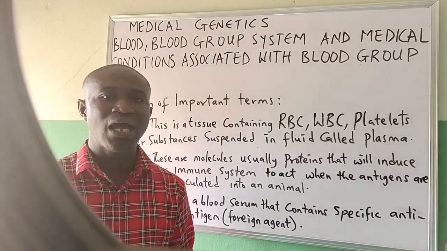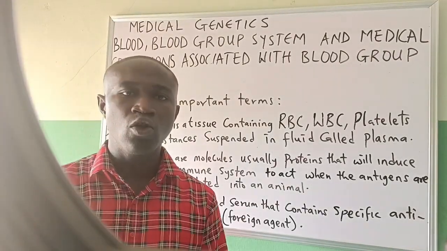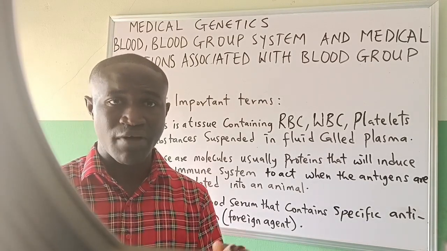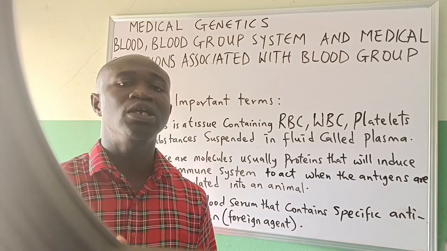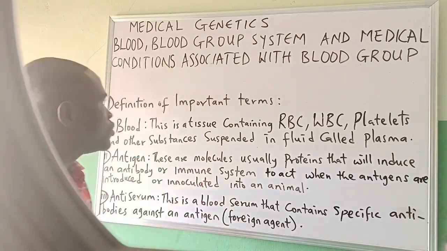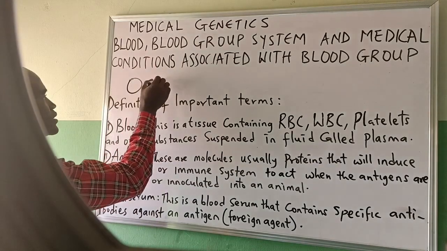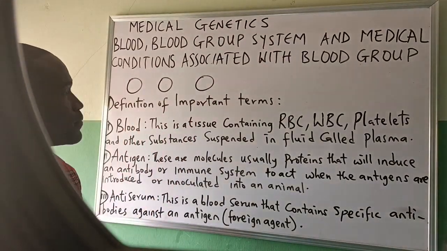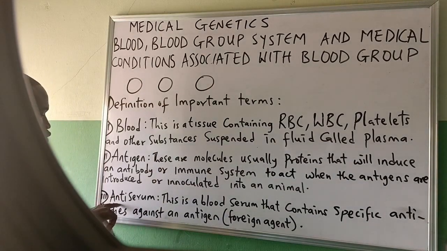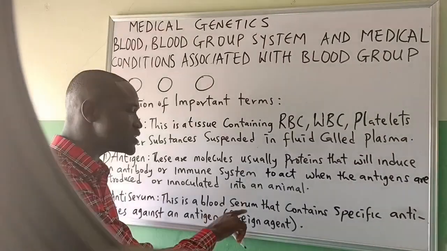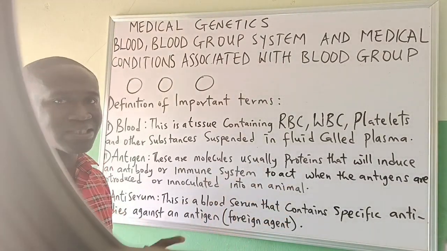Now, let us see how to test and know the blood group of an individual. You have a patient, you want to know his or her blood group. How do you do that? To do that, you get three circular plates. Now, there is what we call antiserum, a blood serum that contains specific antibodies.